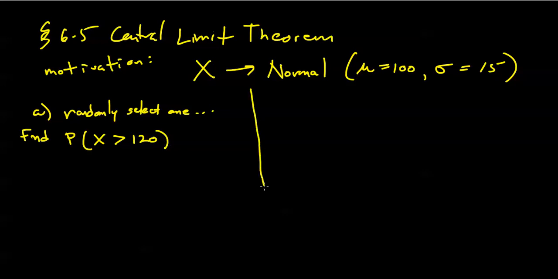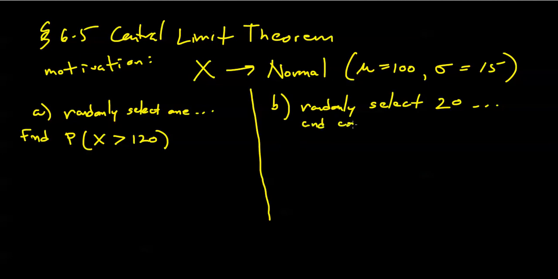Then I want to talk about scenario B. Instead of randomly selecting one, I'm going to randomly select a group of 20. We'll randomly select 20 and we will compute the sample mean from that group of 20.